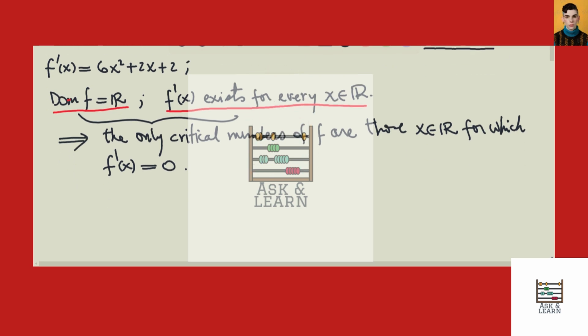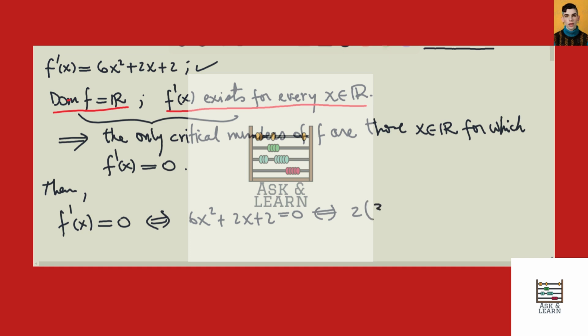So the equation we have to solve is this: derivative equals 0, and that's equivalent, looking at the formula of the derivative, to 6x squared plus 2x plus 2 equals 0. And that's the same, taking 2 as a common factor, as 2 times 3x squared plus x plus 1 equals 0.